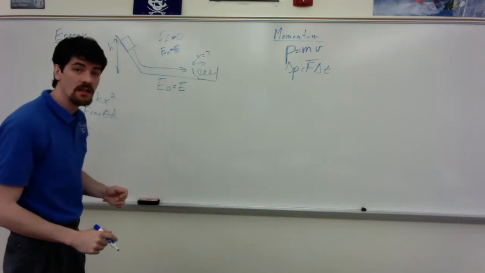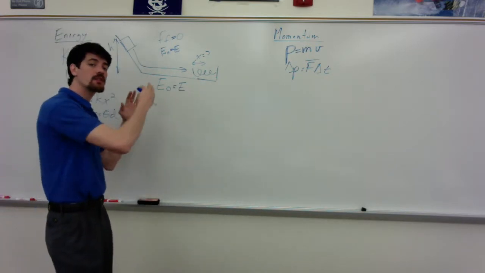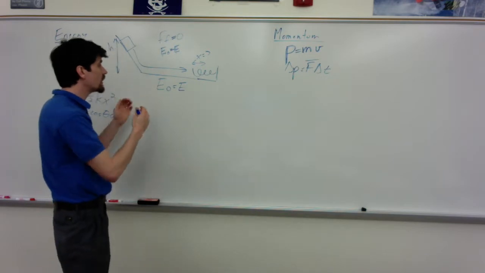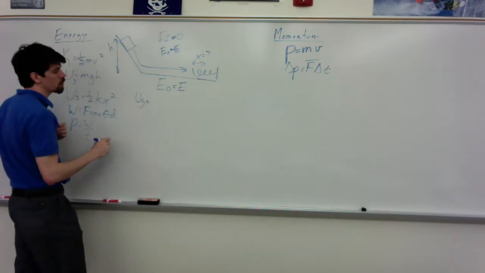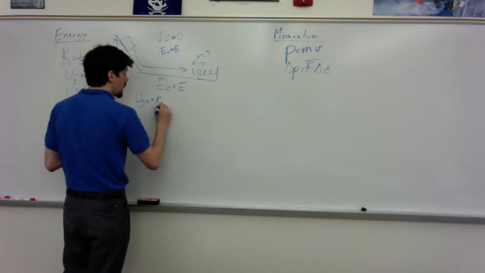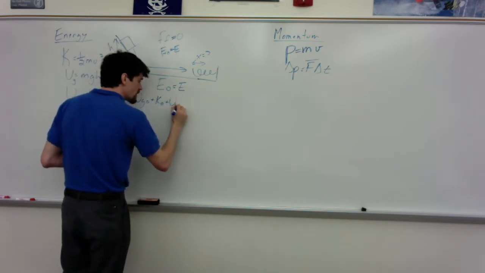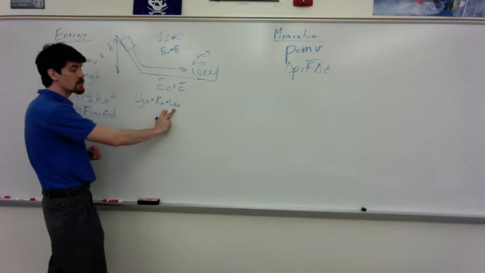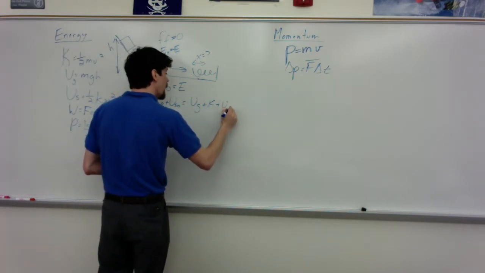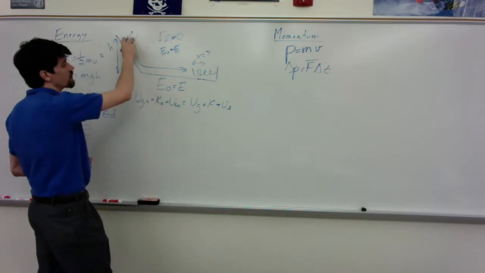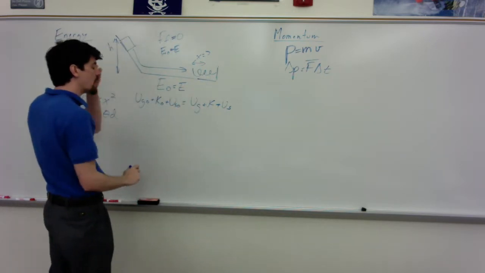Now, when investigating this idea, all we have to say is what energies we have at the end and at the beginning. So with this being said, U_G naught, the initial gravitational potential, plus K naught plus U_S naught, the initial energy stored in the spring, is equal to U_G plus K plus U_S.